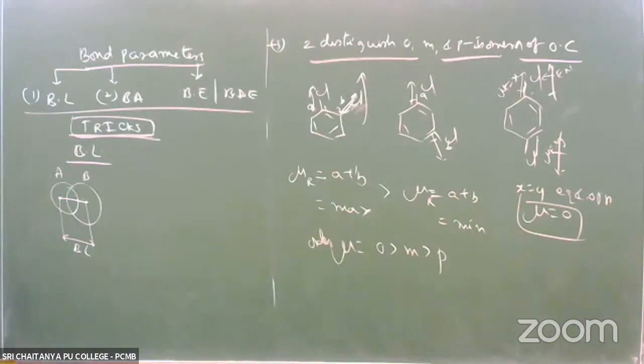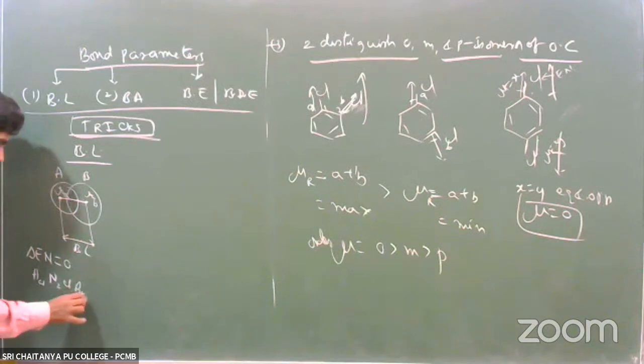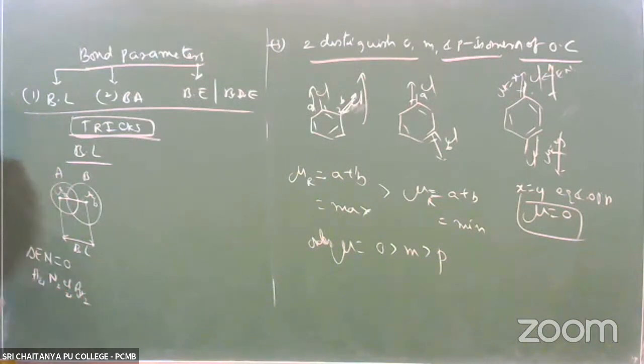bond length, right? So bond length is calculated using the radius of atom A and the radius of atom B. If between these two atoms there is no electronegativity difference, that is, the electronegativity difference is zero, for example H2, N2, Cl2, Br2, these are all homoatomic molecules, right?